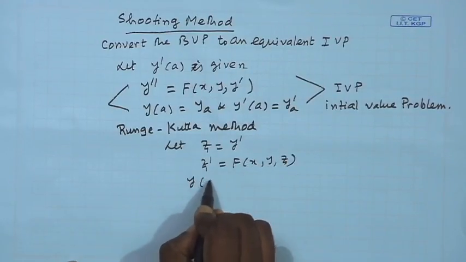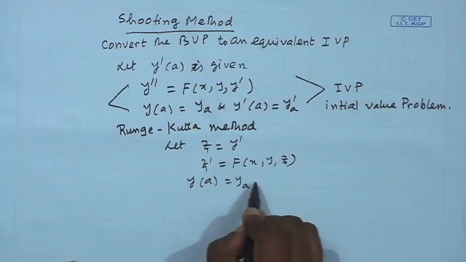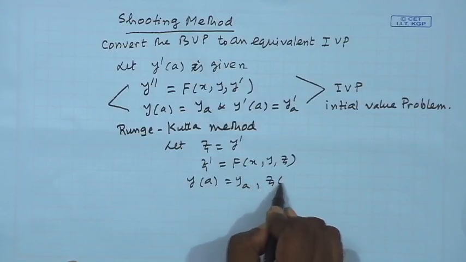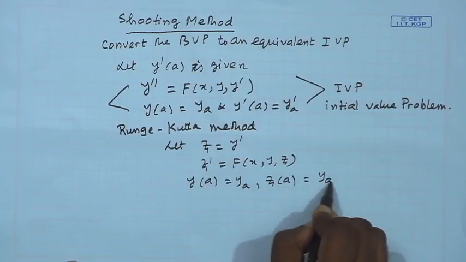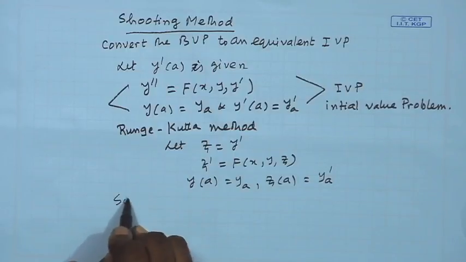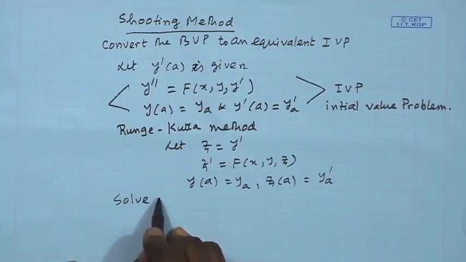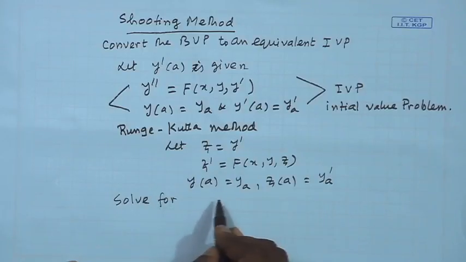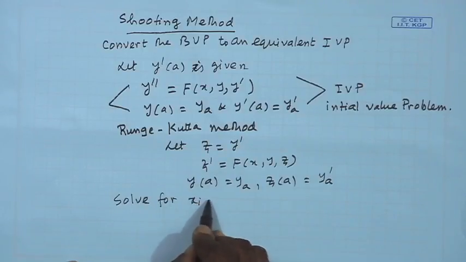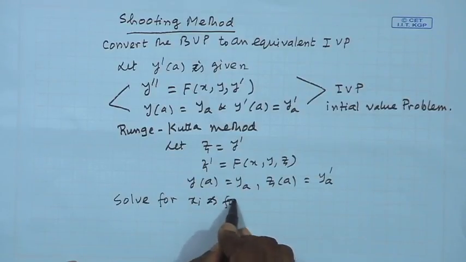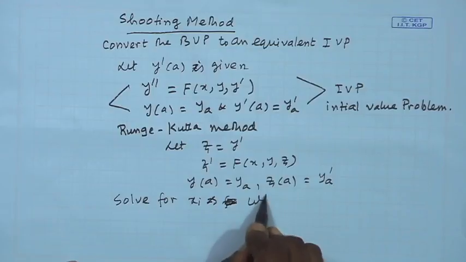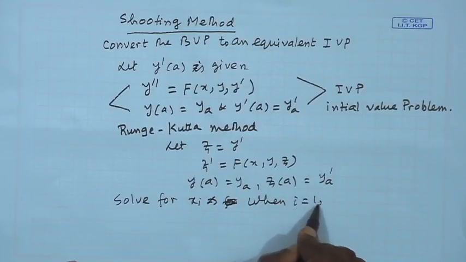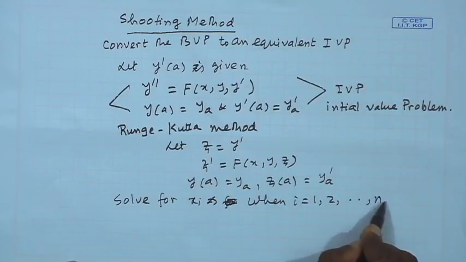So, you get y a equal to y a and z a equal to y a dash. So, solve for xi equal xi for I equal to xi when I is varying from 1 up to n.